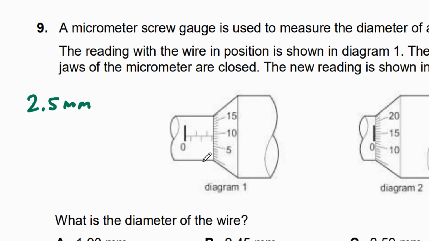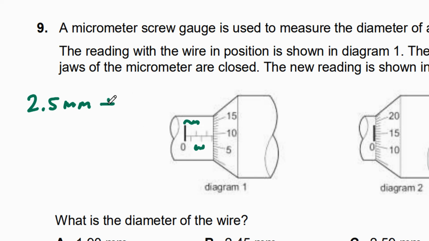Just to note that one division here is 1 millimeter. And this would be 0.5 millimeters from here to here. Now we look at this vertical scale here, and we can see that this line here meets the vertical scale at about 9.